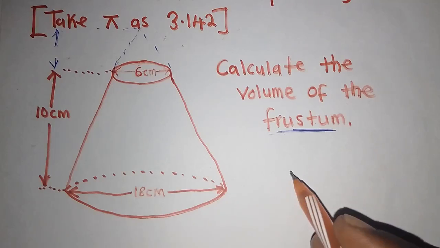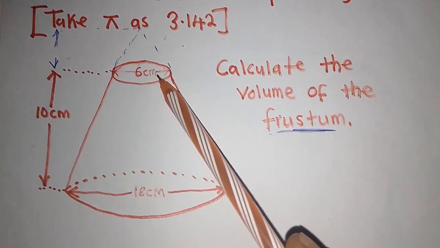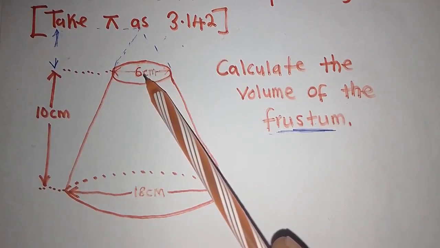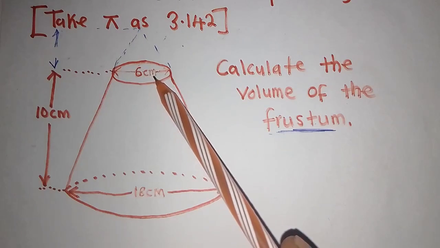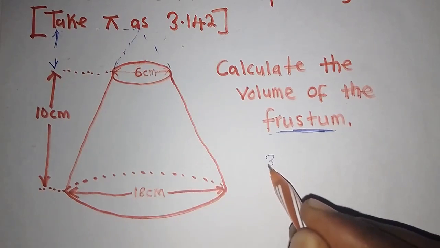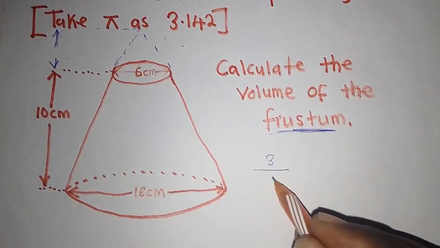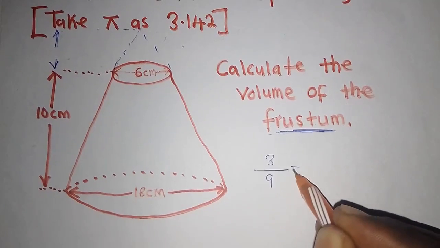The radius of the smaller cone: this 6 is the diameter, so the radius is 3. So you say 3 over the radius of the larger base, half of 18, which is 9.